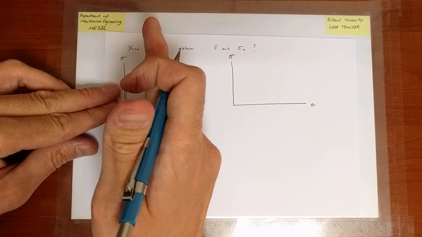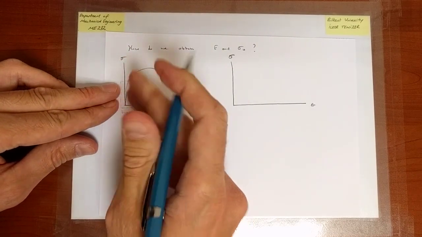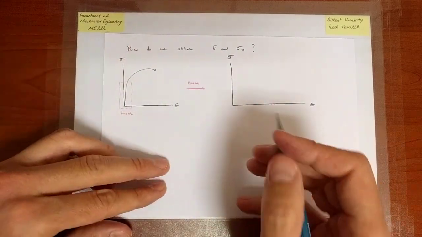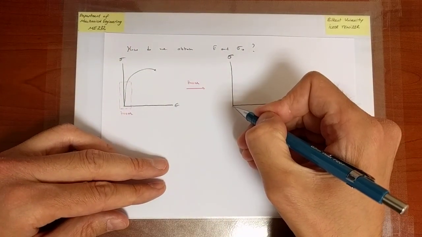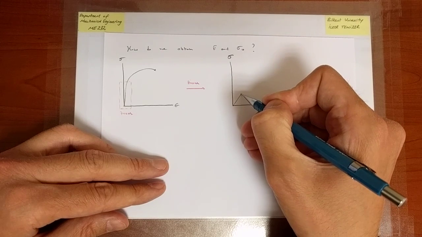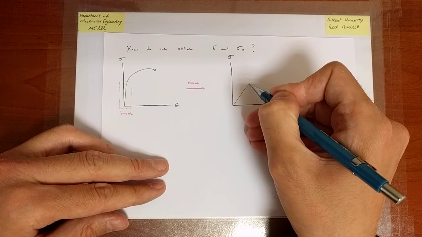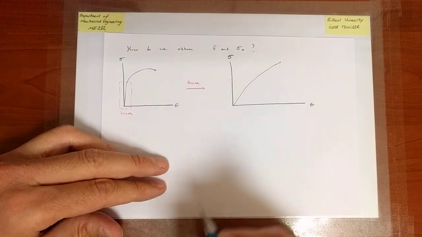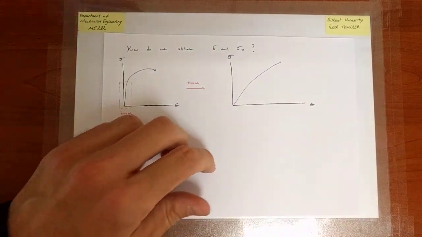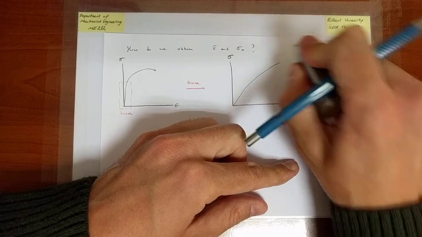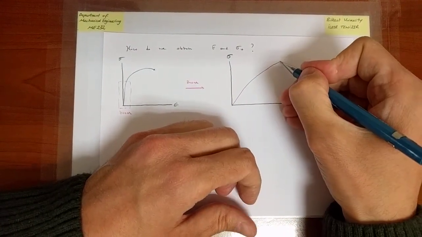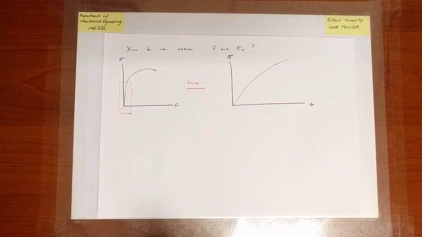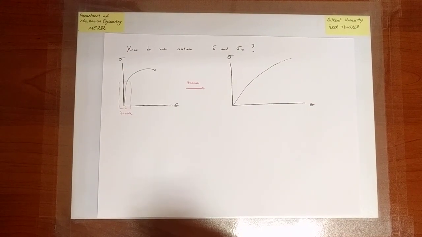I am just zooming into that portion, so I magnify the x-axis. So now the slope is going to look smaller, and that is not failure. The curve will continue to increase. But I'm just drawing the zoomed portion.